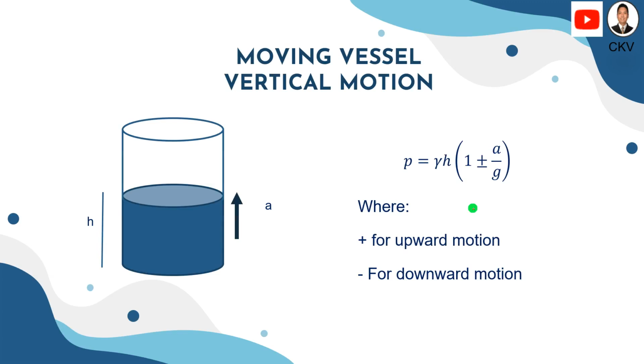For vertical motion, the liquid surface doesn't change in its position. It remains horizontal. So positive for upward motion, negative for downward motion. Okay, so we're done with rectilinear motions of a moving vessel. So let's now solve some problems.